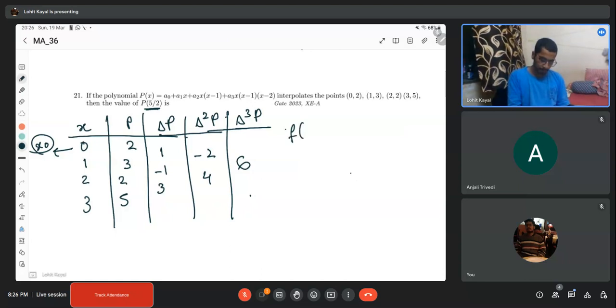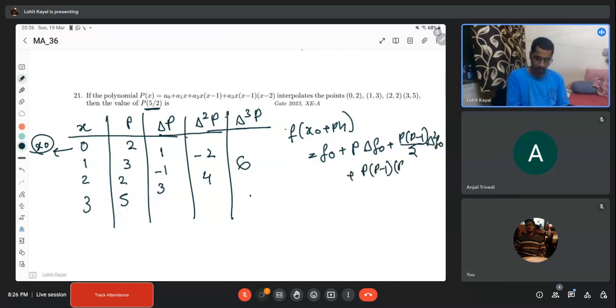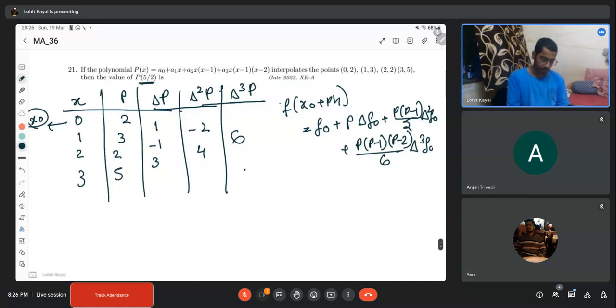First, let me write the formula. f of x0 plus ph equals f naught plus p delta f naught plus p into p minus 1 by 2 delta square f naught plus p into p minus 1 into p minus 2 by 6 delta cube f naught. Now let's just substitute the values.